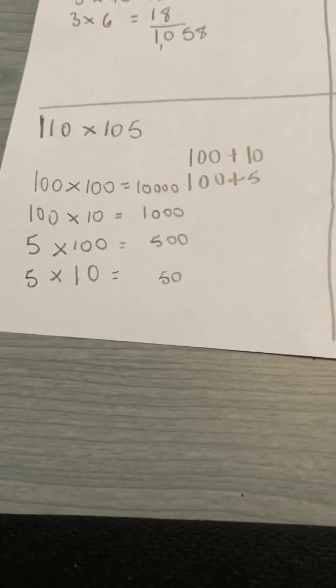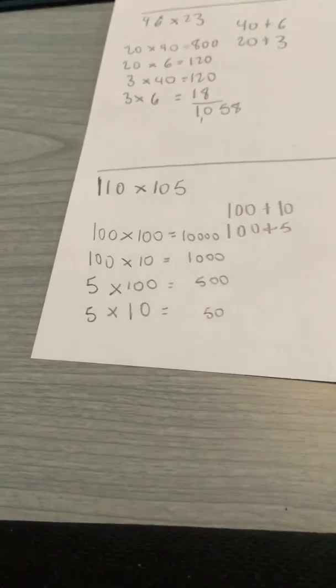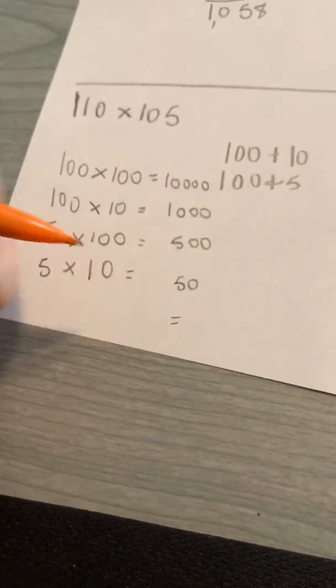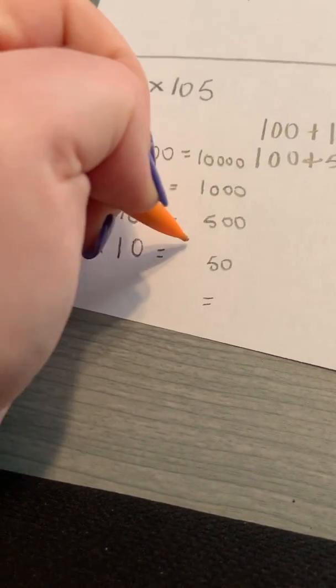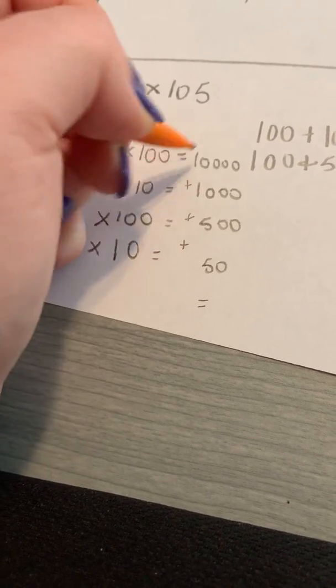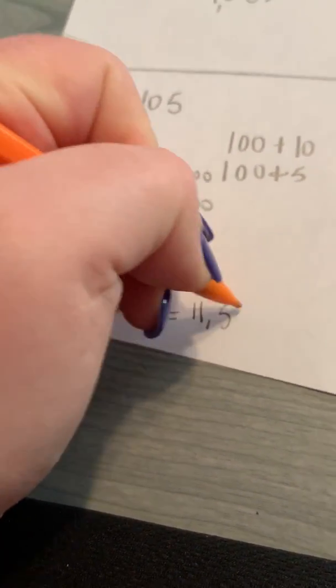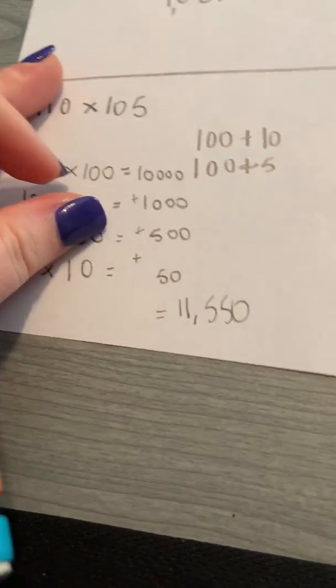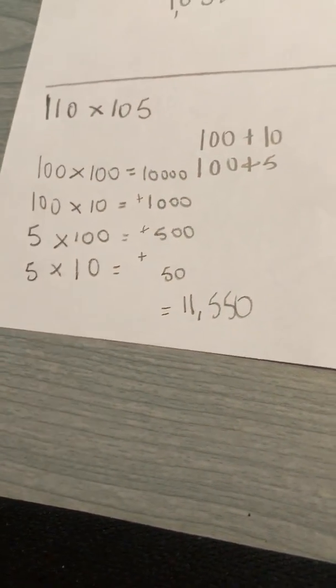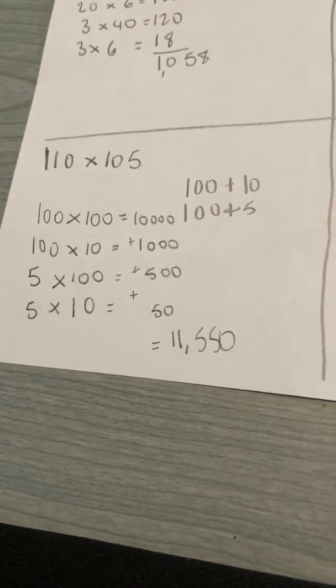All right. So we add all that together. Add all of it together. We're going to get 11,550. So that's how you do the partial product.